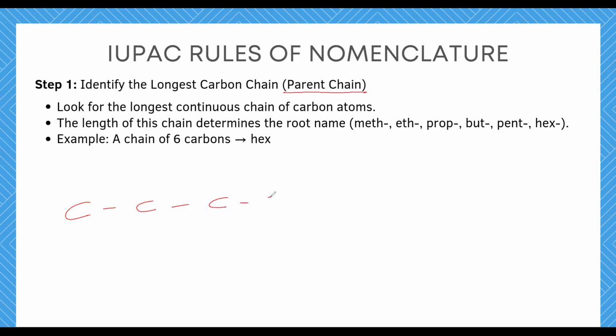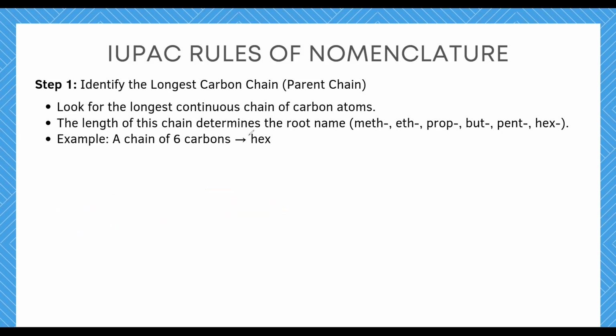Good. Now, this is called a carbon chain. And whenever you want to name an organic compound or a hydrocarbon that has this kind of structure, the first step is to identify the longest chain. So to do that, you simply count the number of carbon atoms. And in this case, we have one, two, three, and four. Did you see how I did that?